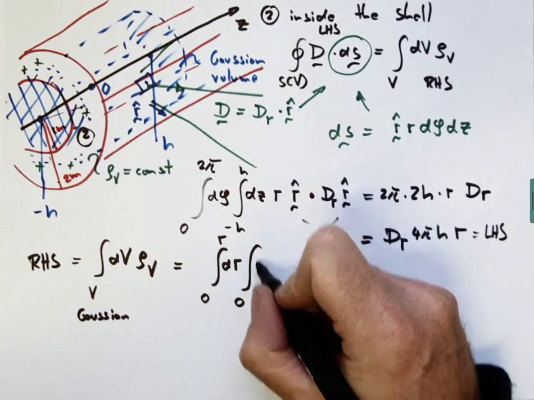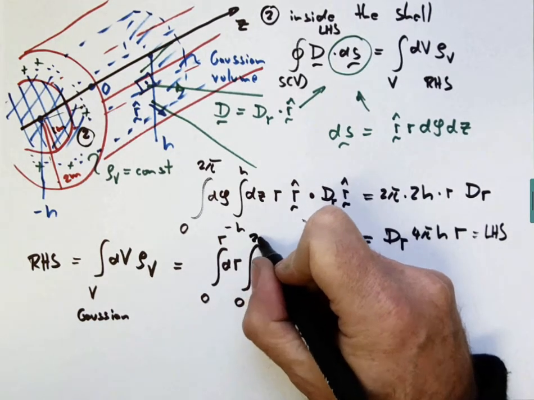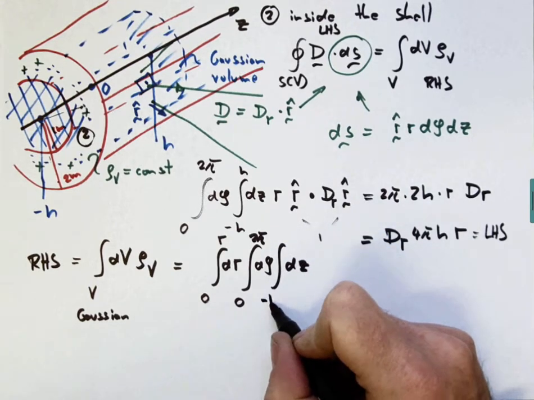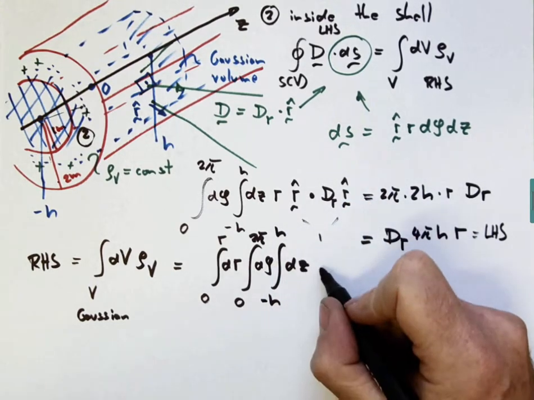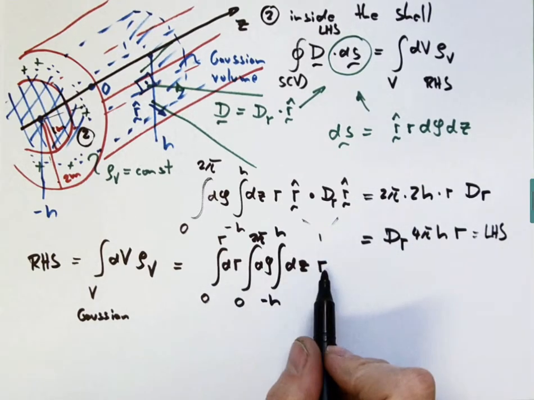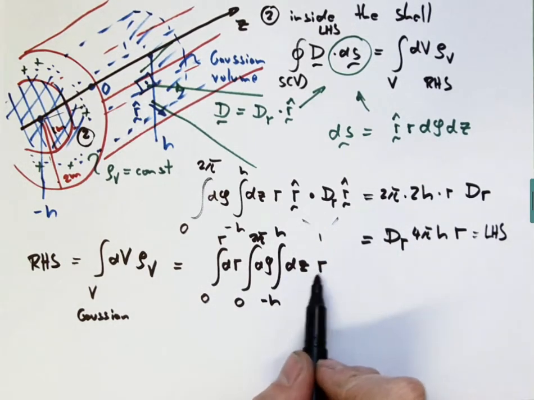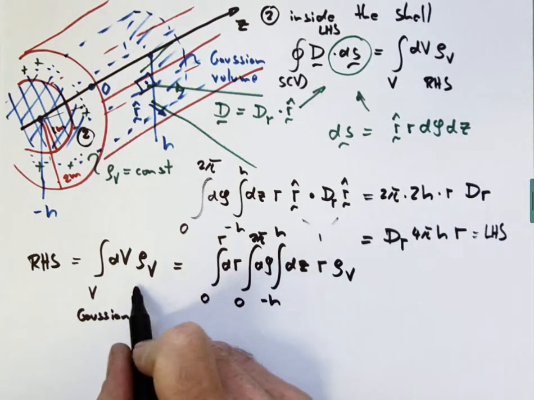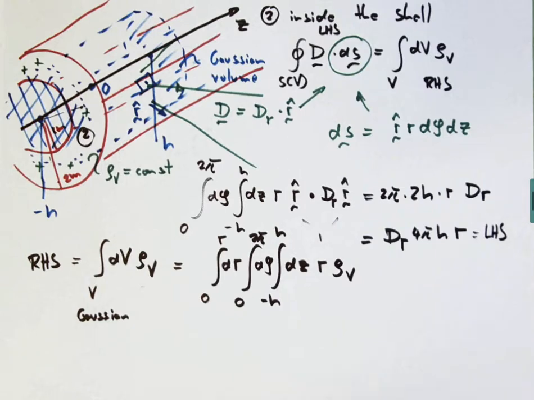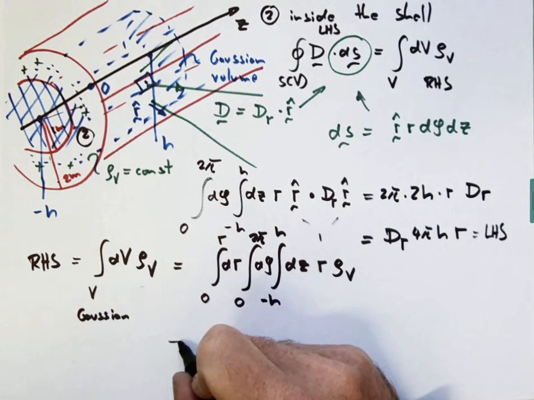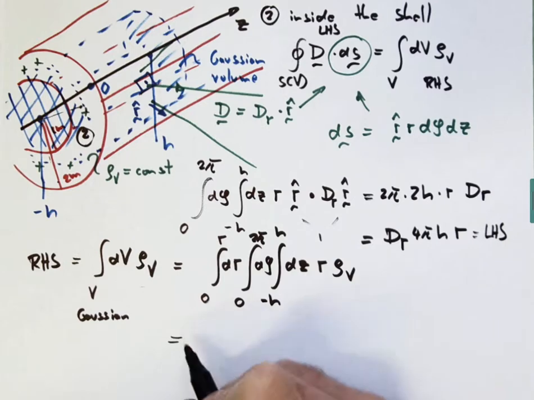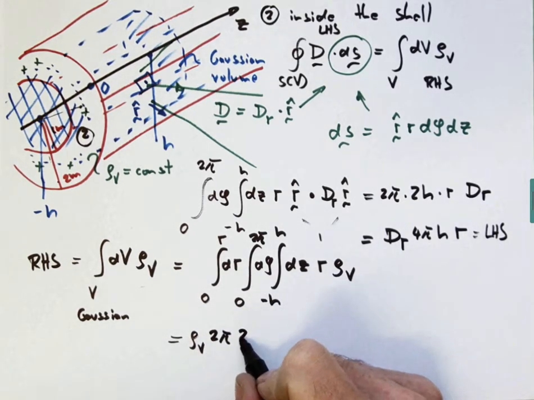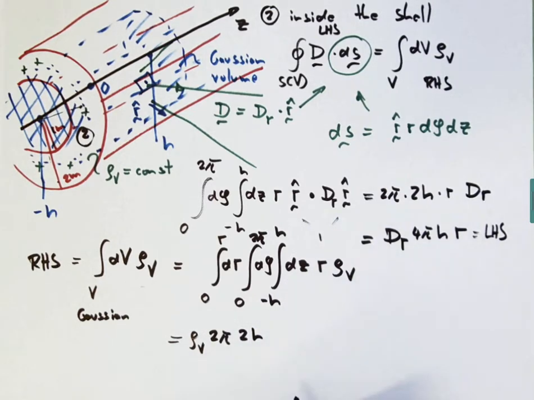In contrast, the phi integration goes again from 0 to 2 pi, and the z integration goes from minus h to h. The volume integration also involves the constant factor r, and we need to include the constant charge density. If we work out this integral, we pull out the rho v, we get a 2 pi from this integration and a 2h from the z integration.